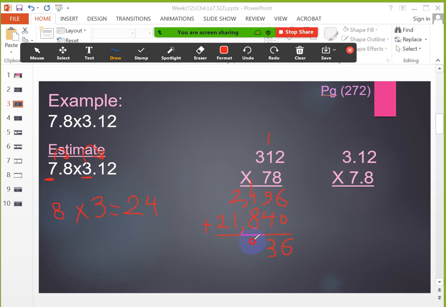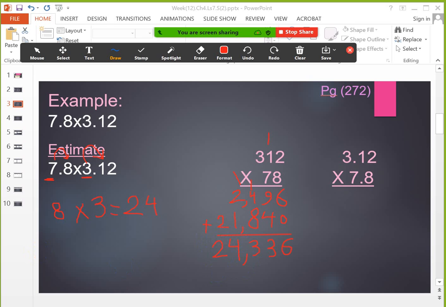So I'll put 3 here and 1 above that. Thousands: 1 plus 2, 3, and 1 equals 4. Very good. And there is no 10,000 here, so I will put the 2 like this.